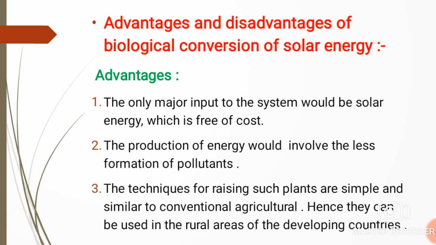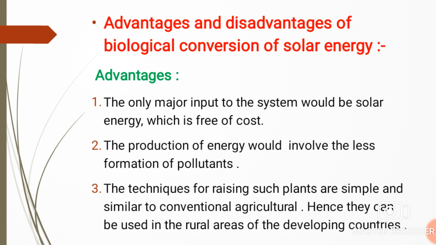It consists of cellulose, starches, proteins, fats. So we know the definition of biomass is organic matter. So we get the biomass from solar energy. So, biological conversion of solar energy.